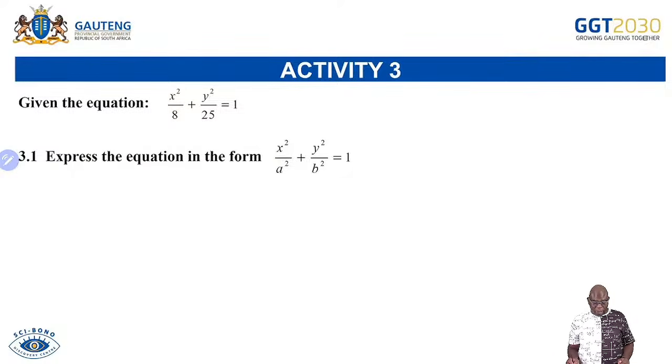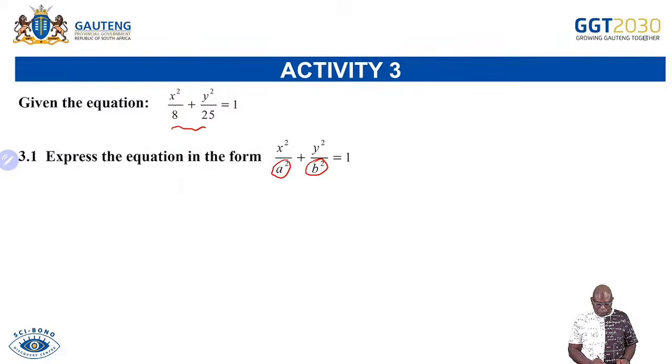Given the equation x squared over 8 plus y squared over 25 equals 1, express the equation in this form where you have it as a square here. Now, the 25 is quite easy.